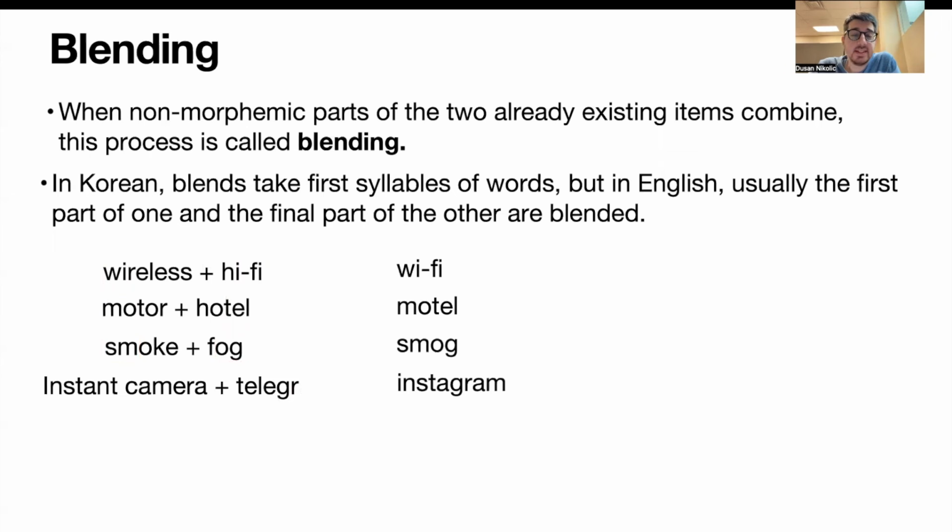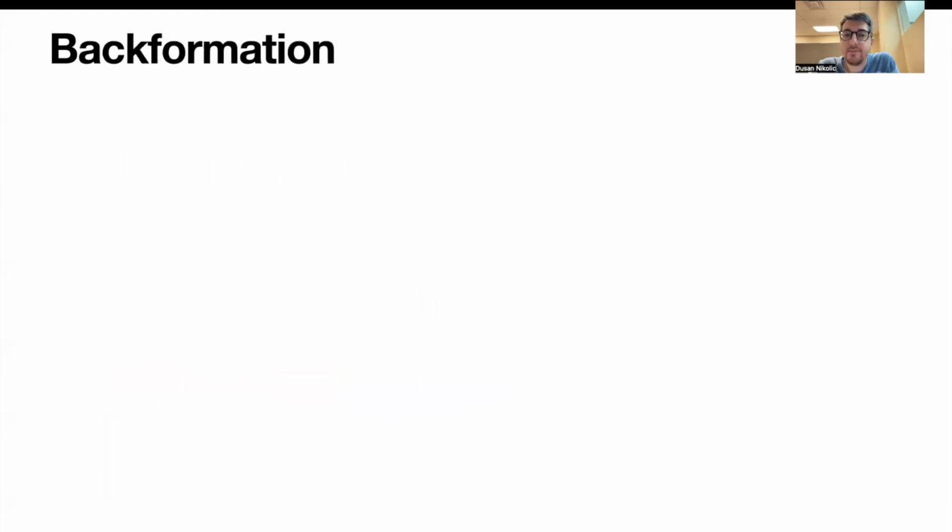Instagram, it's instant camera plus telegram. That's how you got Instagram. So all of these combine the first and the last parts of the words, but frozen yogurt is called froyo. Sometimes we can have the first two parts of the words, and we get froyo.